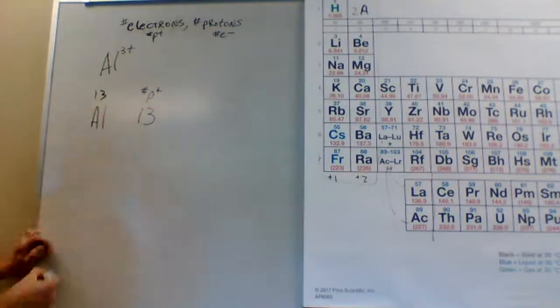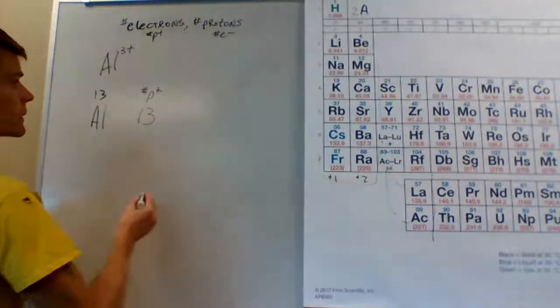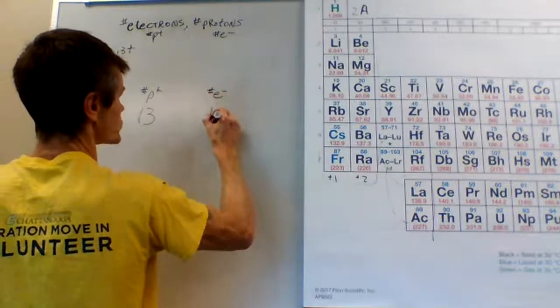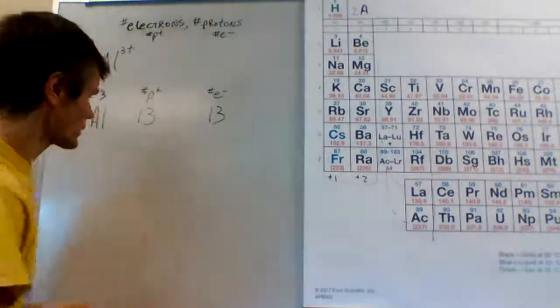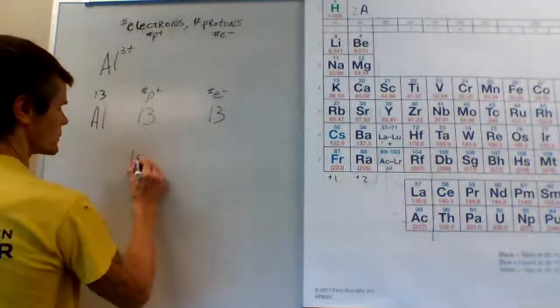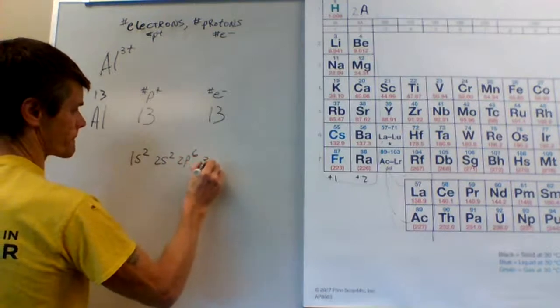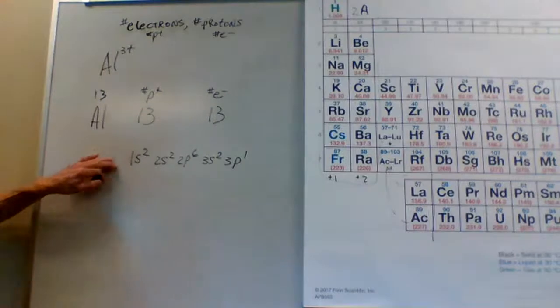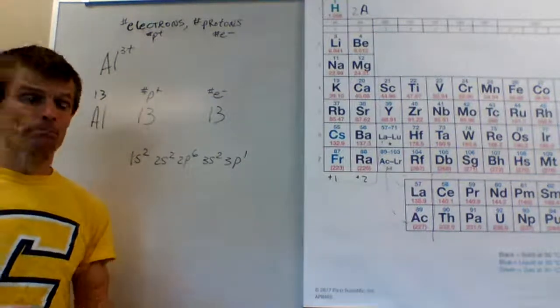Aluminum, if you look at the periodic table, has 13 protons, and it would have 13 electrons because it's neutral. If we write the ground state electron configuration, that would be the ground state electron configuration for the aluminum atom.